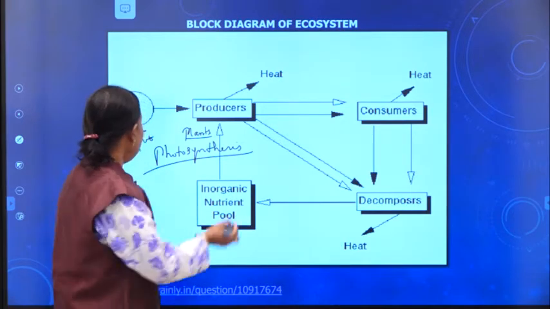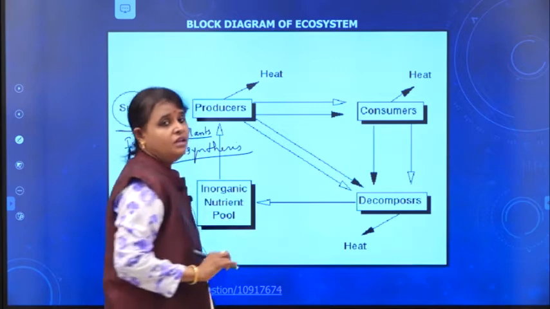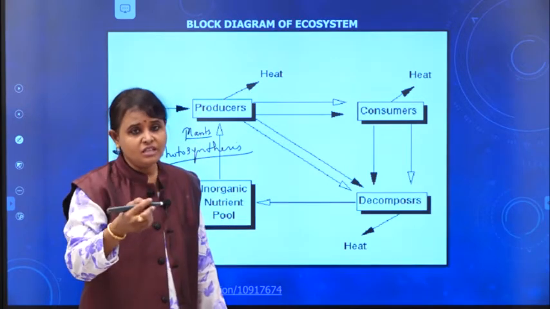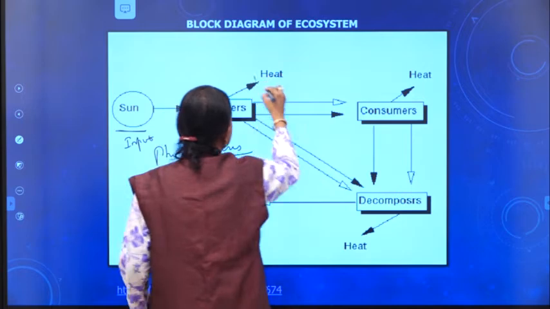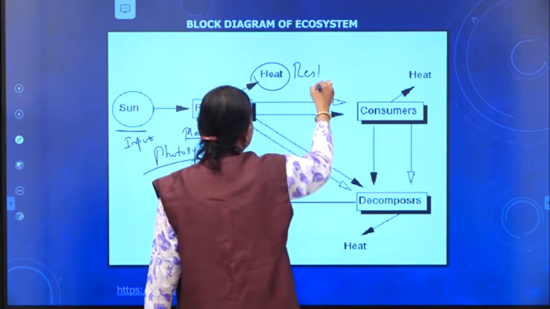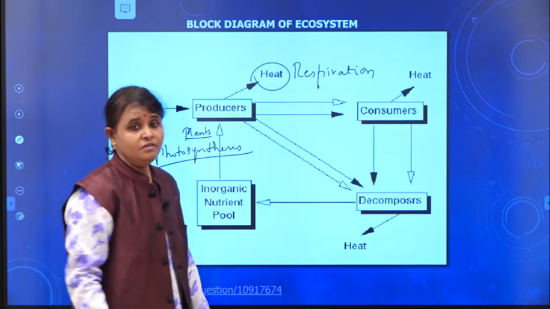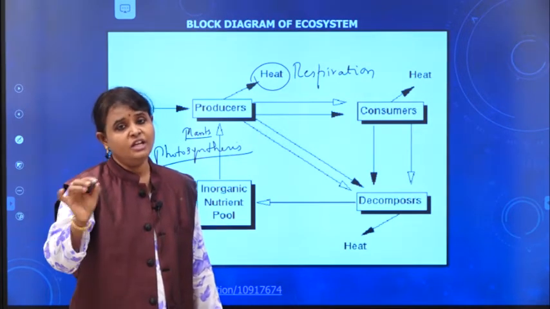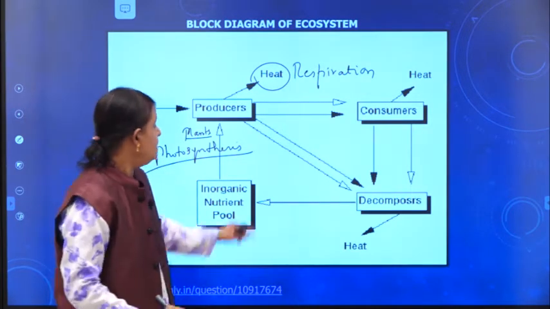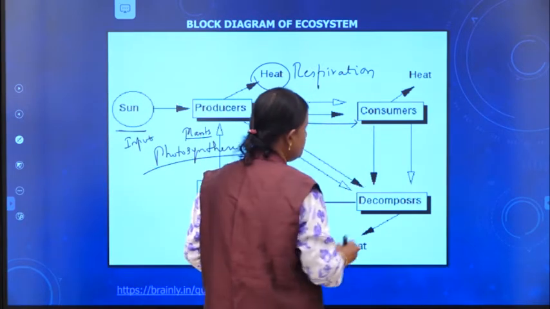Okay. So here these plants, after preparing the food material, some amount of energy is dissipated and released in the form of heat. This is during respiration. Understood? Some amount of energy is lost during respiration in the form of heat. Now, the energy from the plants goes to consumers.